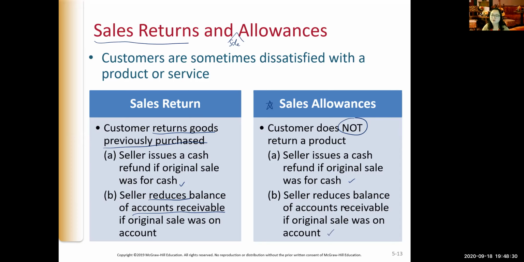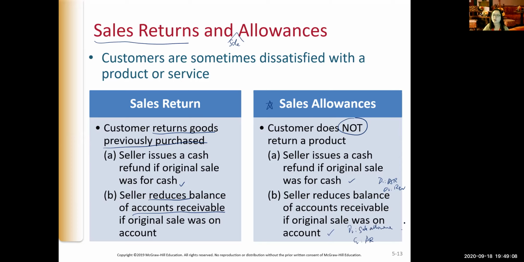So if an original sale is debit accounts receivable, credit revenue, and you are not satisfied with these services, of course you cannot return the services, but your reasoning is legitimate, then the store agrees to give you an allowance. That means the store is going to reduce your accounts receivable immediately by recognizing sales allowance.